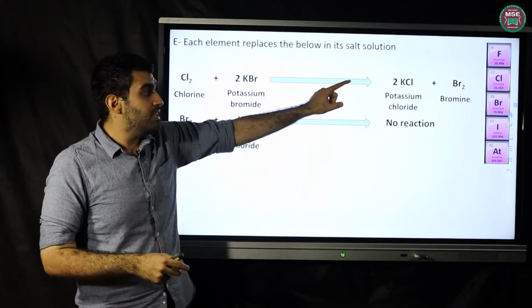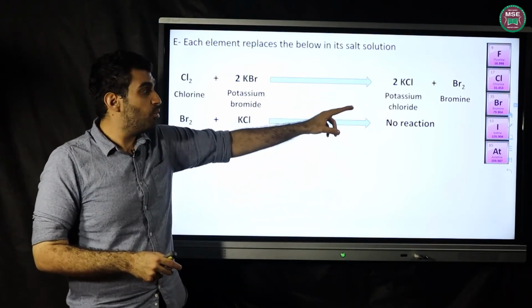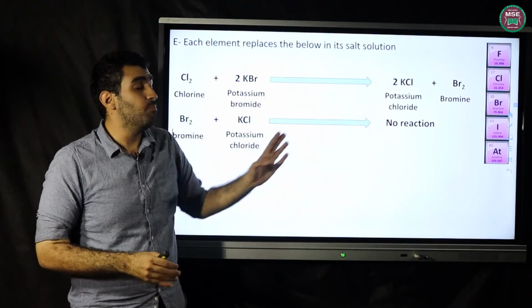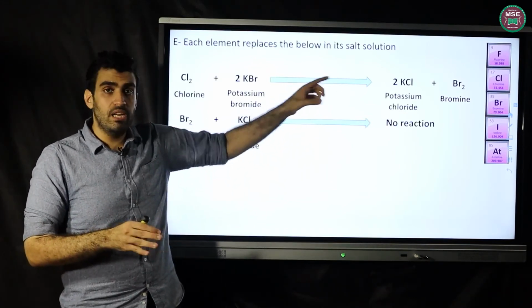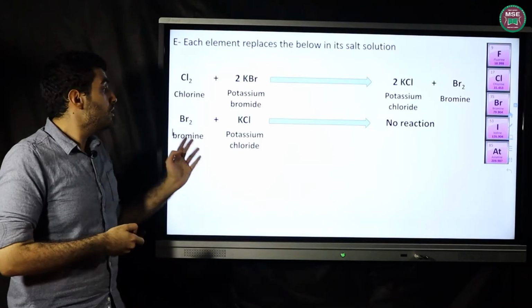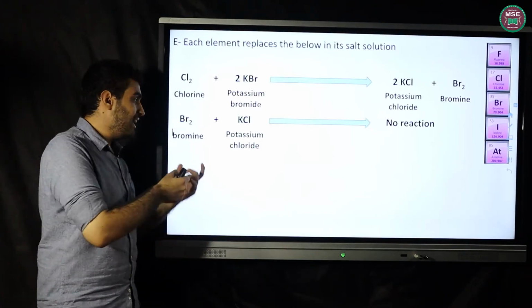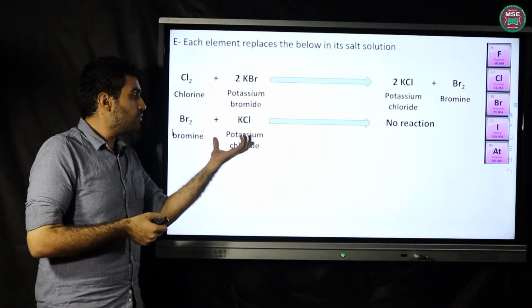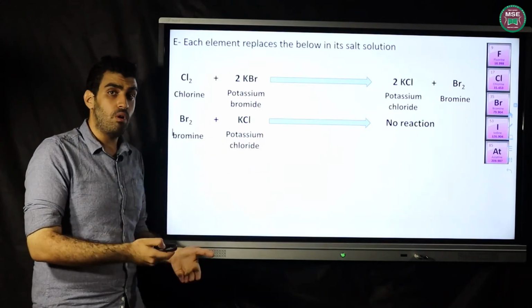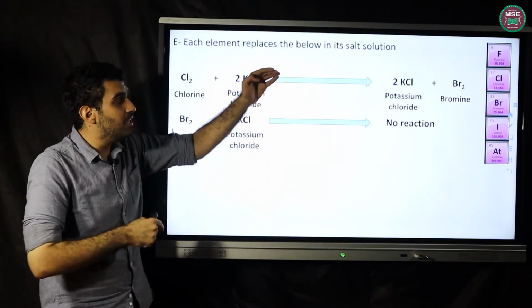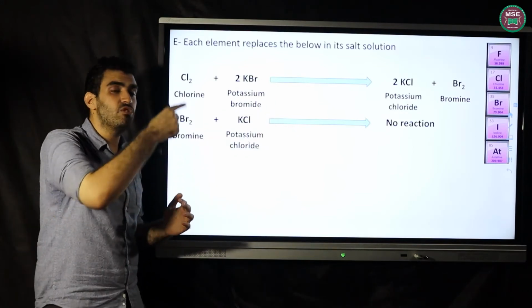So chlorine can replace any element below. Bromine can replace iodine and astatine. But can bromine replace chlorine? No, it's not right. So when I ask you what happens when we add bromine to potassium chloride, simply no reaction. Why? Because bromine is below chlorine, so it can't replace chlorine.